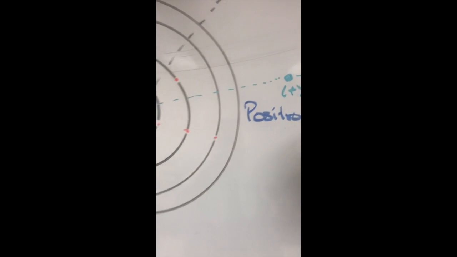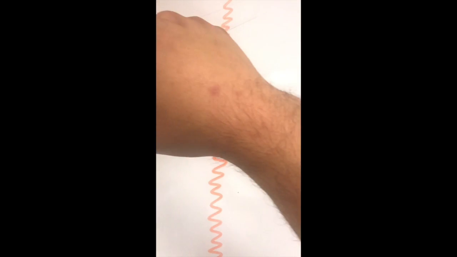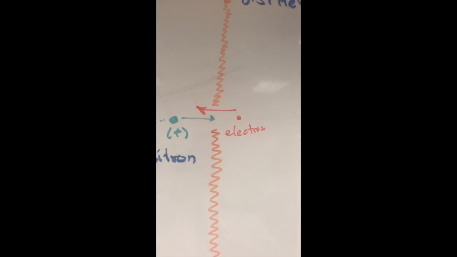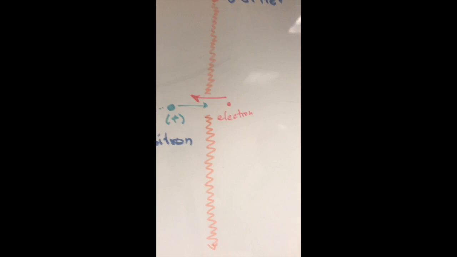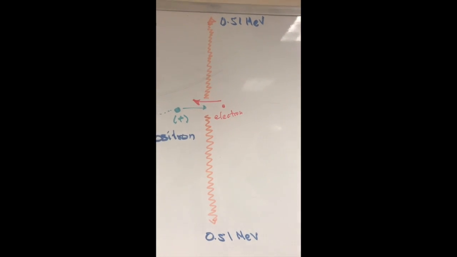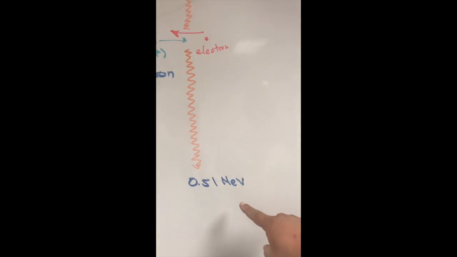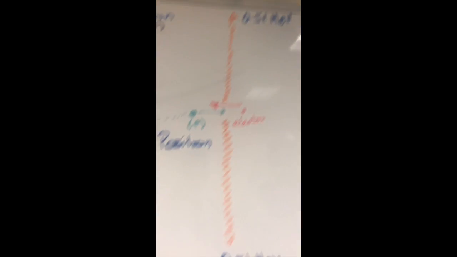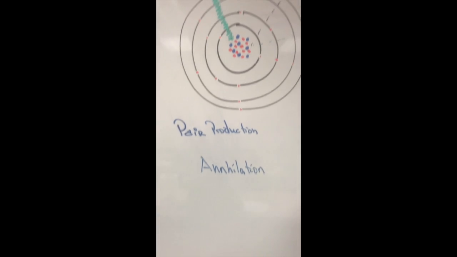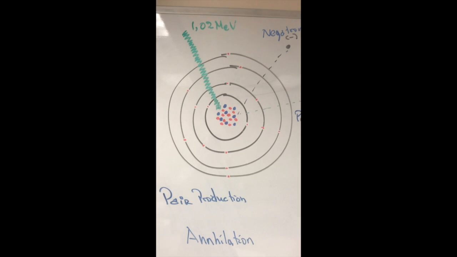The positron is going to join an electron from the tissues and fuse with it to release two photons in opposite directions, each with an energy of 0.51 mega electron volts. The photons are produced in a process called an annihilation reaction. This interaction does not happen in diagnostic X-ray.